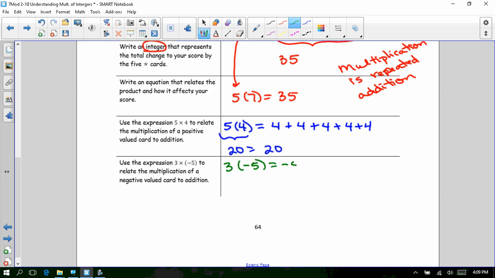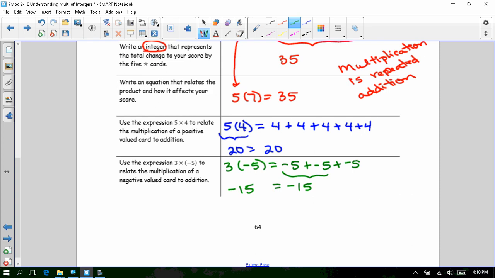I would have a negative 5 plus a negative 5 plus a negative 5. Well, what's negative 5 plus negative 5? That's negative 10. Negative 10 plus negative 5 is negative 15. Take a guess. What do you think 3 times negative 5 is? Yep, it's negative 15. You guys are so smart.